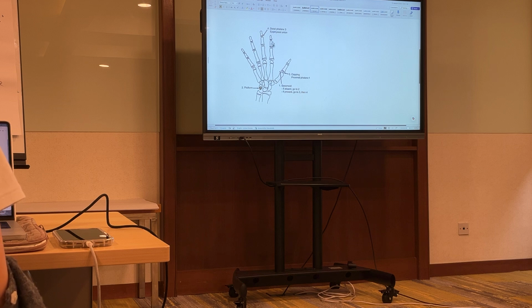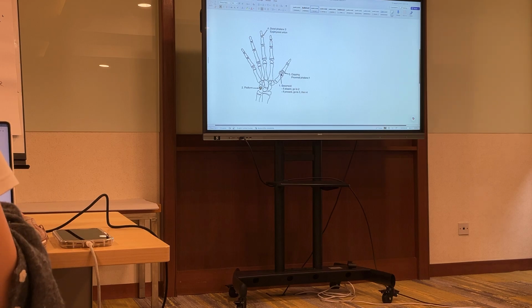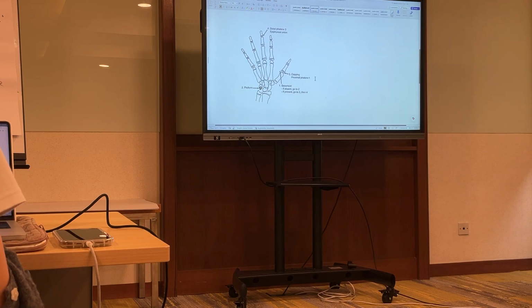On all the long bones, you have something called the epiphysis and the diaphysis. Epiphysis is a small, flat bone here. Diaphysis is your long bone. As the patient grows and matures, the epiphysis fuses to the diaphysis and becomes a single bone. That's how we grow. On the second phalanx of the thumb, at some stage you will see that this epiphysis, which looks flat right now, becomes like a cap, like a beer bottle cap.